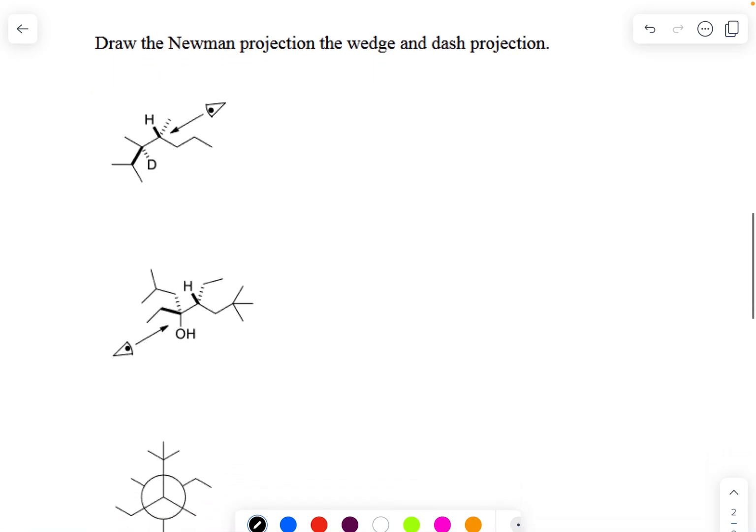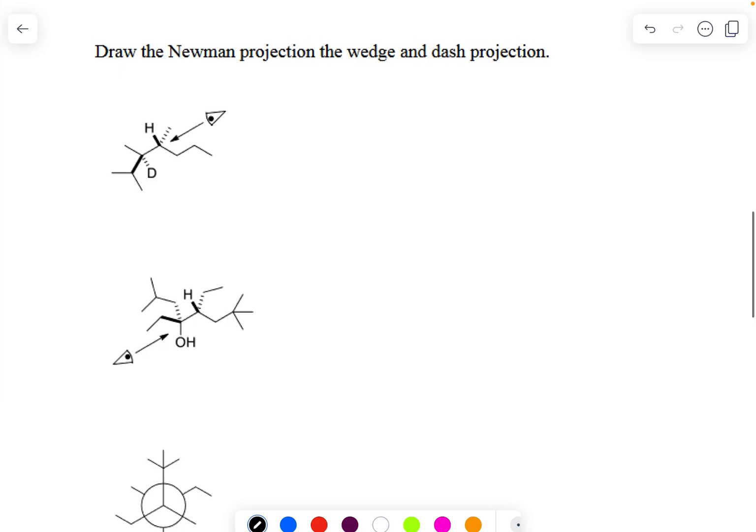All right, let's again draw a Newman projection. I'm going to draw the Newman projection from the wedge and the dash. So for this particular example, it's important that you follow directions when you're drawing your Newman projections and looking at where the eyes are.